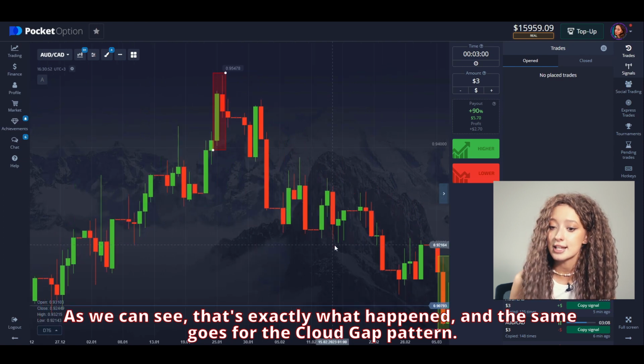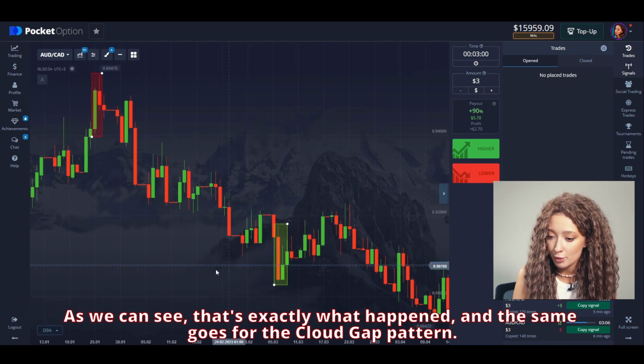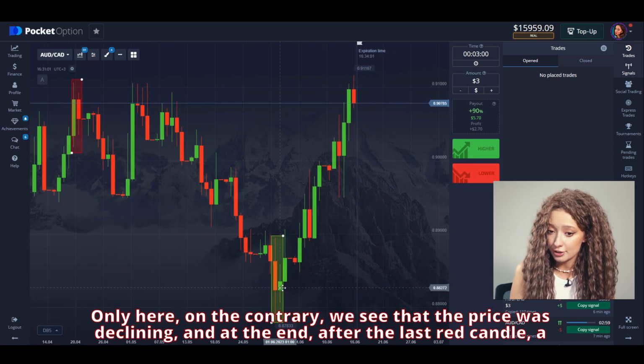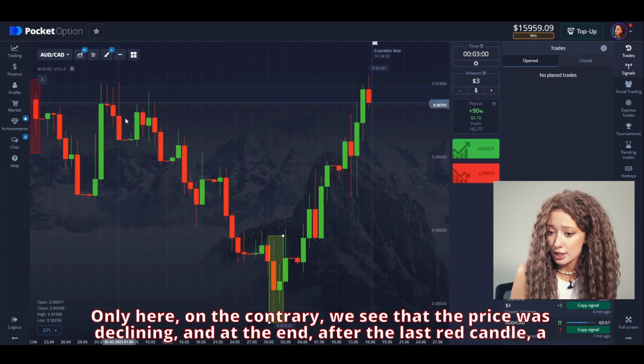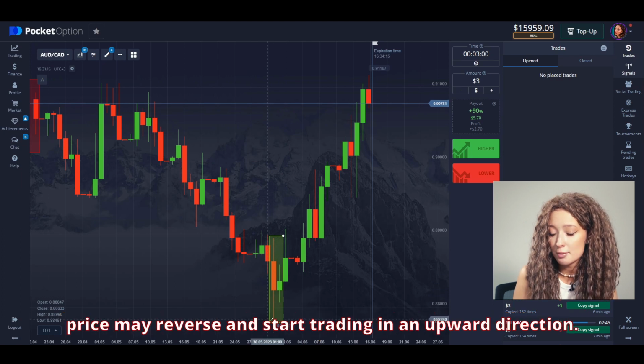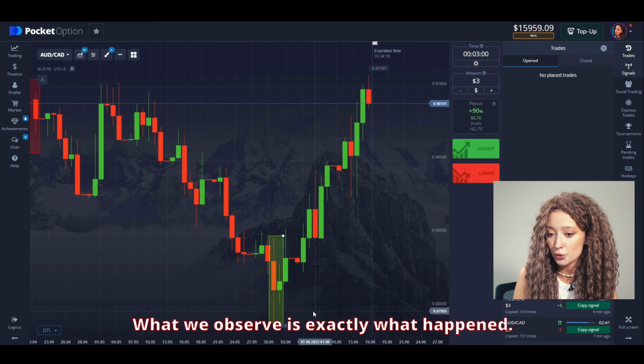As you can see, that is exactly what happened, and the same goes for the cloud gap pattern. Only here, on the contrary, we see that the price was declining and at the end, after the last red candle, a small green candle forms. This indicates the formation of the cloud gap pattern, which signals that the price may reverse and start trading in an upward direction. What we observe is exactly what happened.